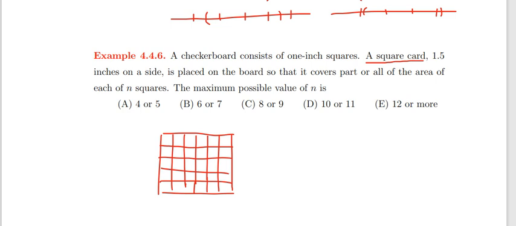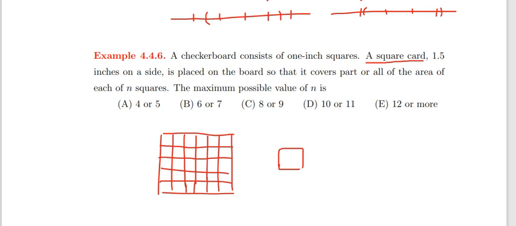We put a square card on the checkerboard. So we want to find how many squares at most it can cover. So we have a card of 1.5. Suppose like here, 1.5. We put such a card onto this checkerboard.